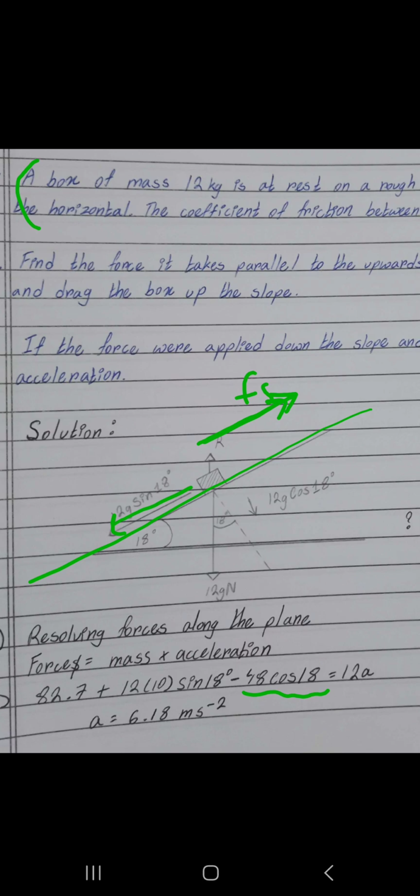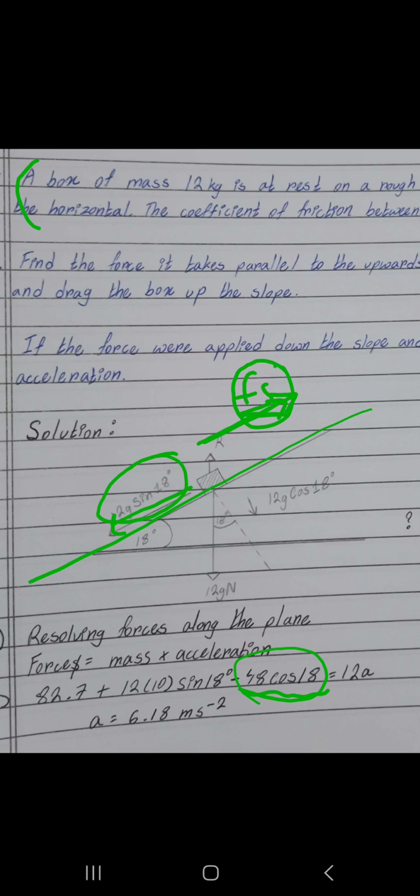So please pay good attention. Fs at this moment when it was at rest was equal exactly to 120 sine 18, and it was not equal to this. This is how the static friction force works.